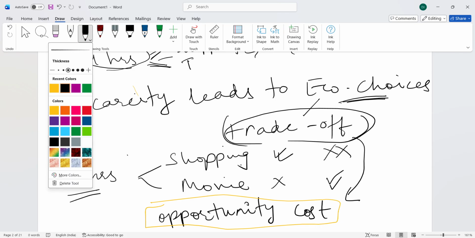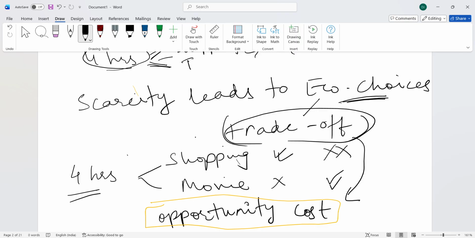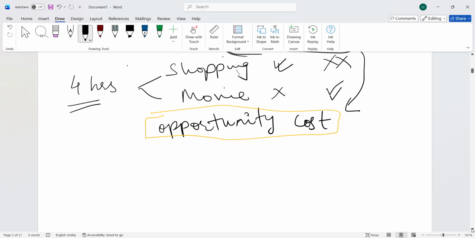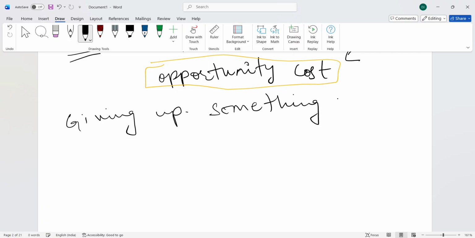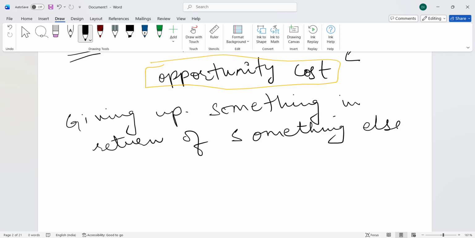Opportunity cost is basically giving up something in return of something else. That's your opportunity cost. So I'll write that down. Opportunity cost is giving up something in return of something else.